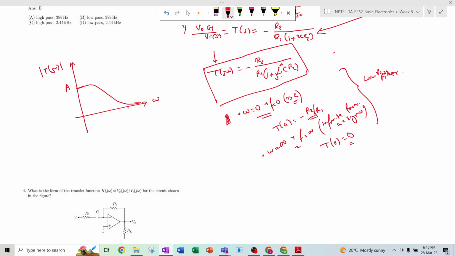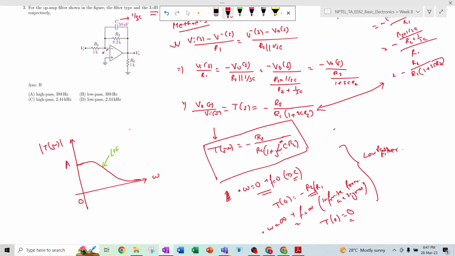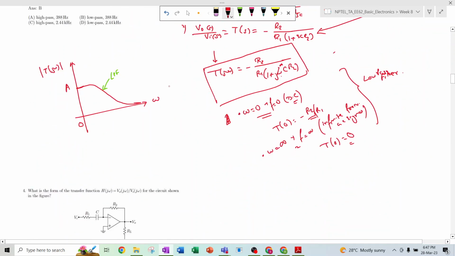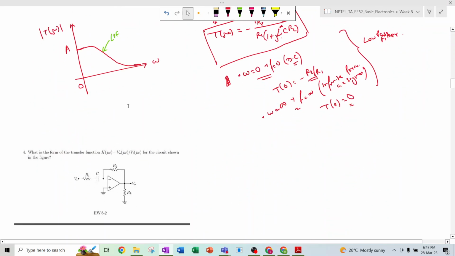It starts from 0. This is basically the behavior of an LPF, low pass filter. Now we have to determine the 3 dB frequency. So what do we mean by 3 dB frequency?